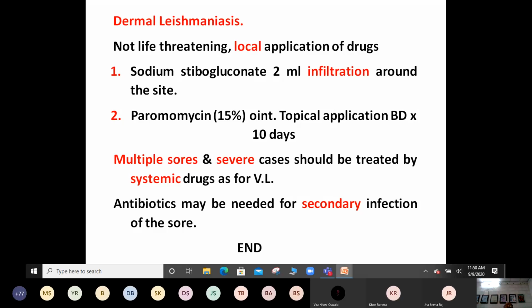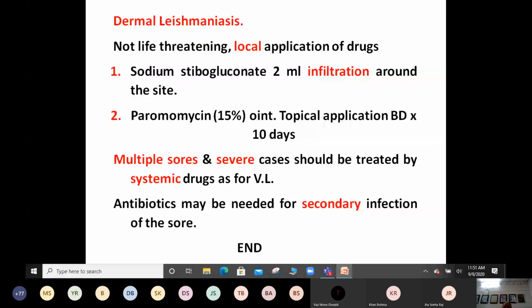If there are multiple sores all over the body, mucocutaneous region, and these sores are very severe, then they should be treated with systemic drugs, just like visceral leishmaniasis, that is Kala-Azar. Parenterally, you have to give the drugs because the sores are multiple and very severe.